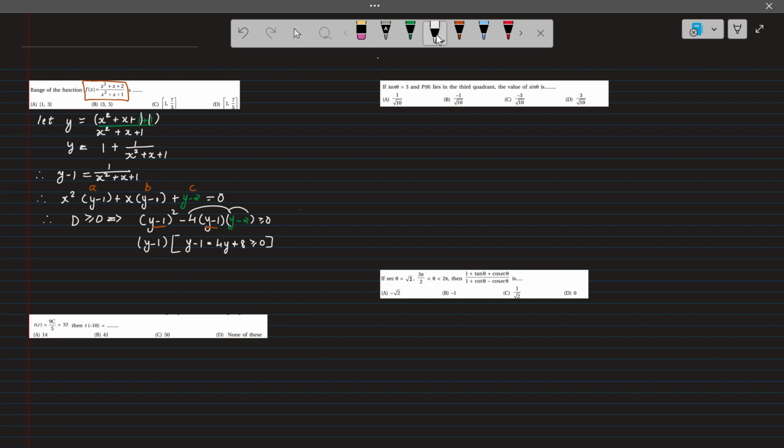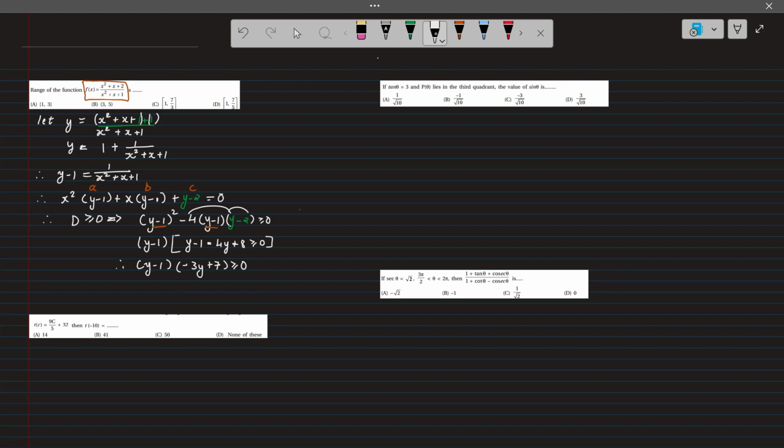Next, we can say y minus 1 into y minus 4y will become minus 3y, minus 1 plus 8 will become plus 7, greater than or equal to 0.